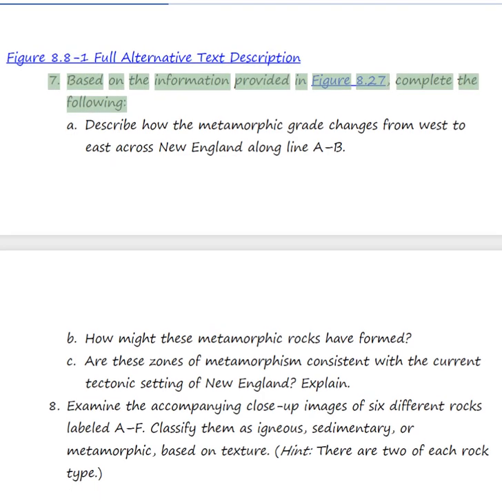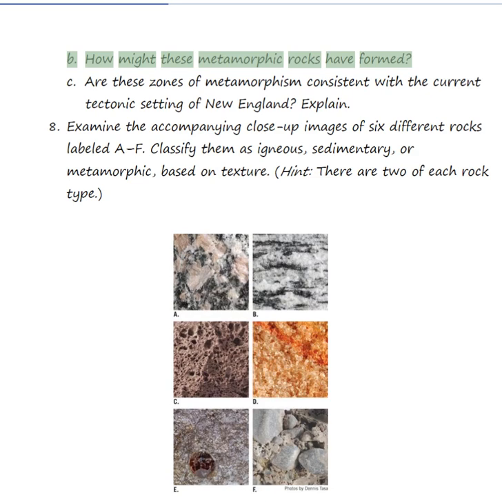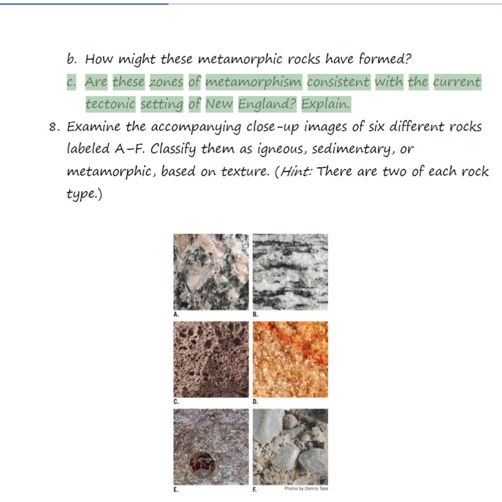7. Based on the information provided in Figure 8.27, complete the following. A. Describe how the metamorphic grade changes from west to east across New England along line A, B. B. How might these metamorphic rocks have formed? C. Are these zones of metamorphism consistent with the current tectonic setting of New England?